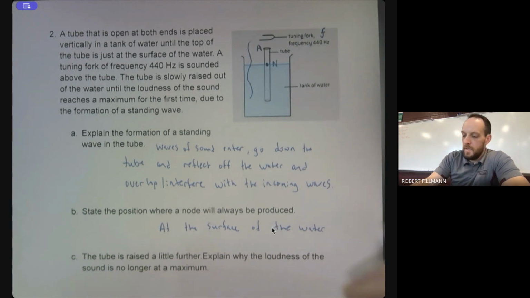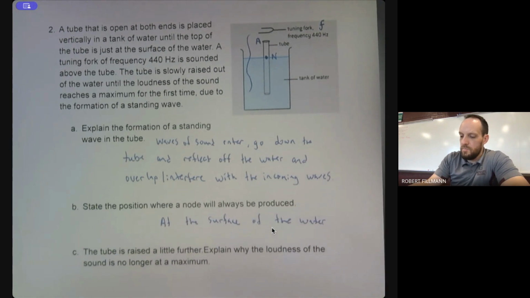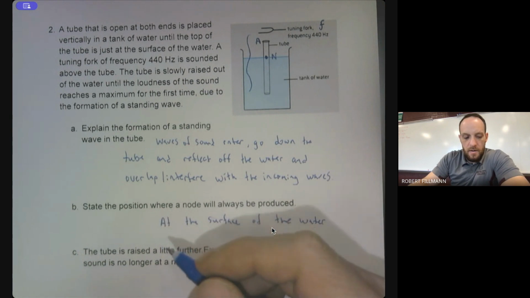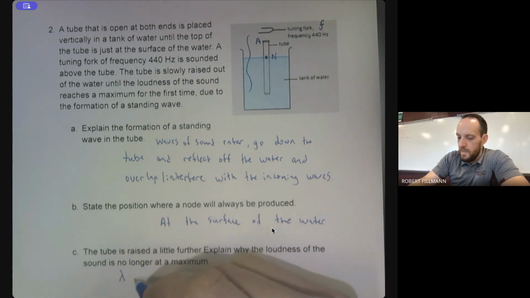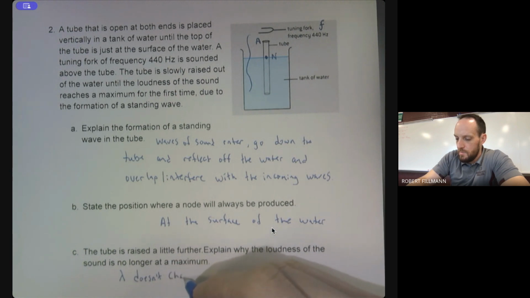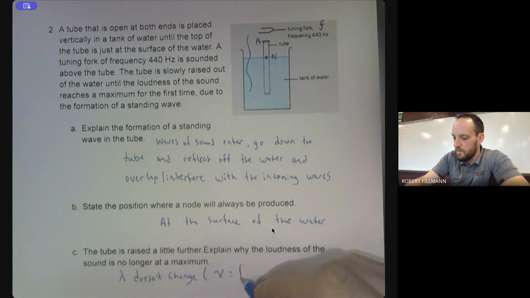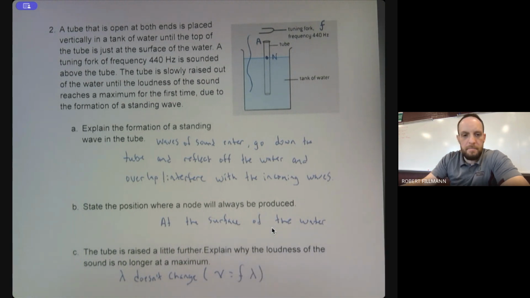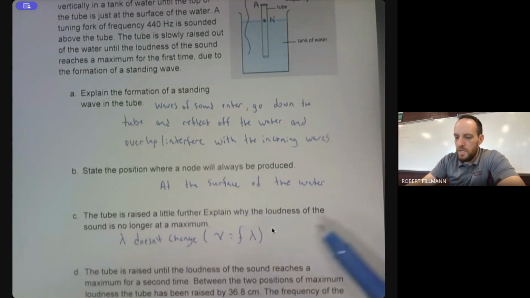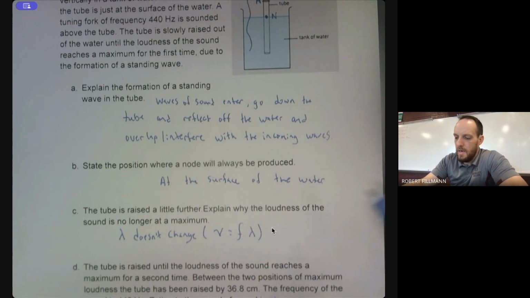Okay. So, raising the tube changes the length of the air column, but we could say lambda doesn't change. The wavelength of the wave doesn't change because the speed equals the frequency times lambda. And the speed of sound hasn't changed because it's still just sound in air.